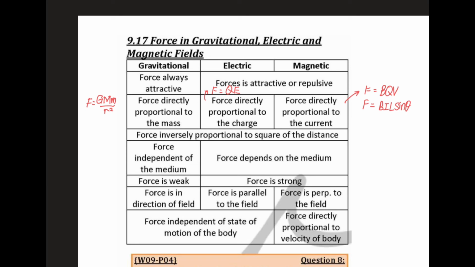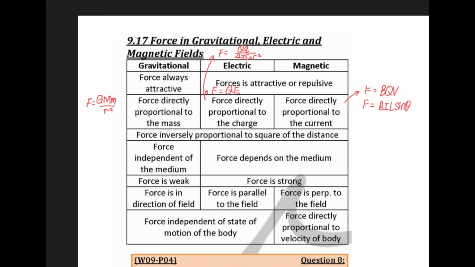Okay, I left out one formula for electric force. Beside F equals QE, we have F equals Q Q over 4 pi epsilon naught R squared. So we have this as well.